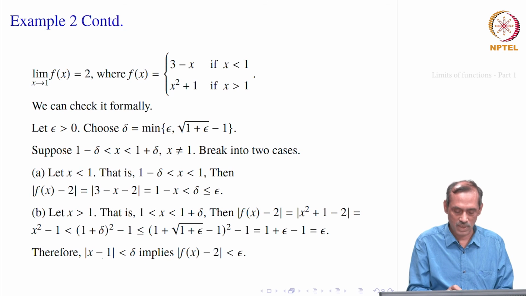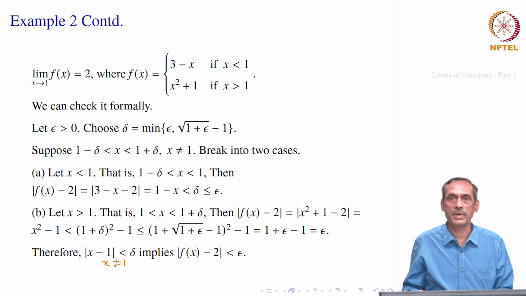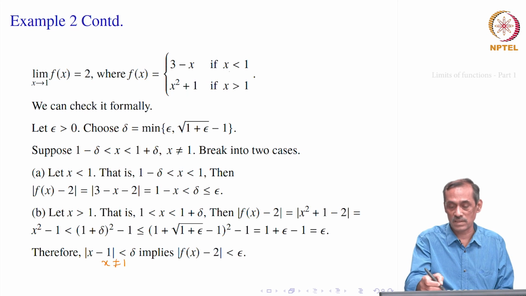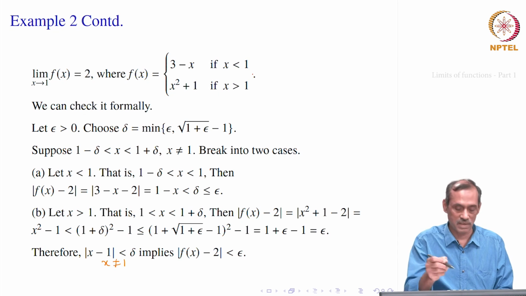Therefore, we conclude that mod of x minus 1 less than delta with x not equal to 1 implies mod of f x minus 2 less than epsilon. Of course, with x equal to 1 something might happen, but we are not concerned because f of 1 is remaining undefined. It does not matter also whatever value is defined for that event.